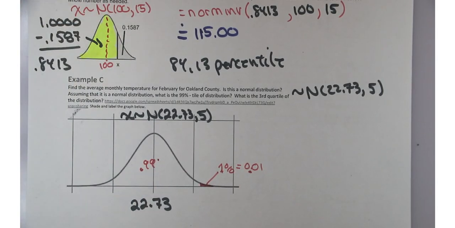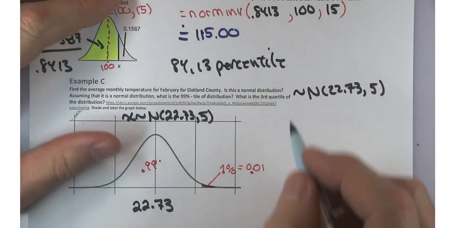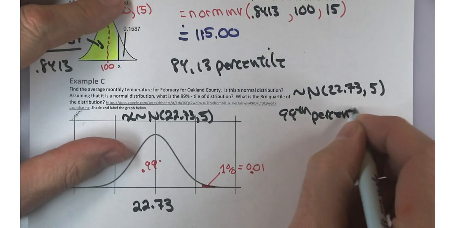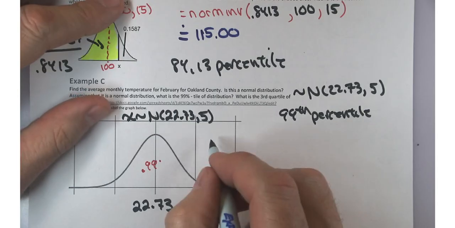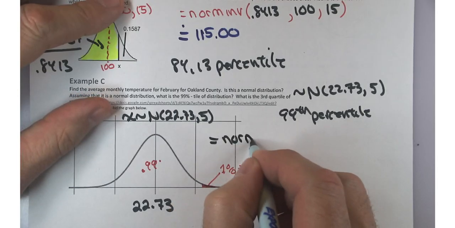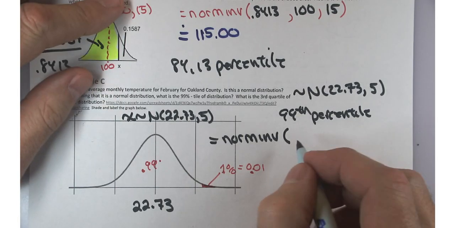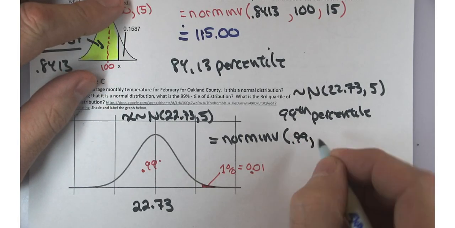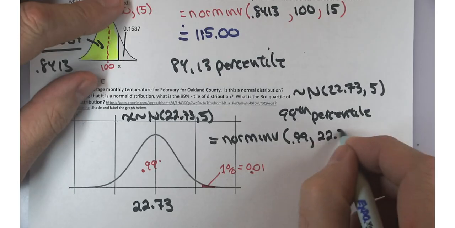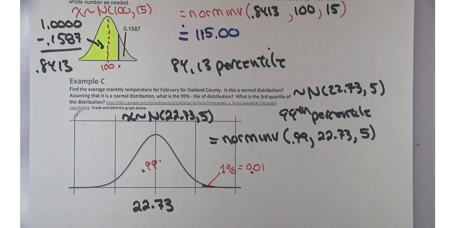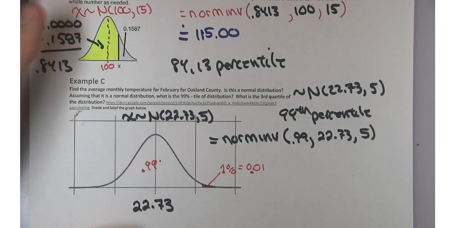So for the first part of this, the 99th percentile, you're going to type in equals norm inverse of 0.99, comma 22.73, comma 5. You should get something between 34 and 35 degrees.